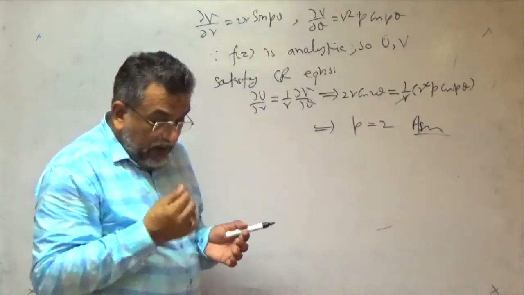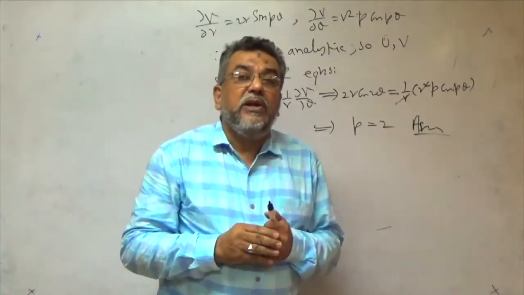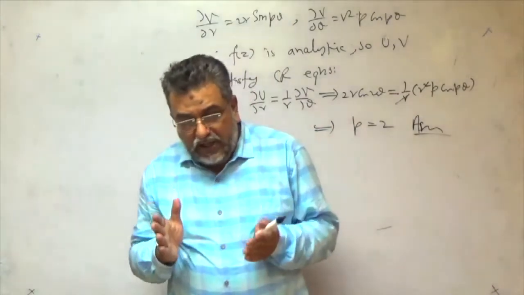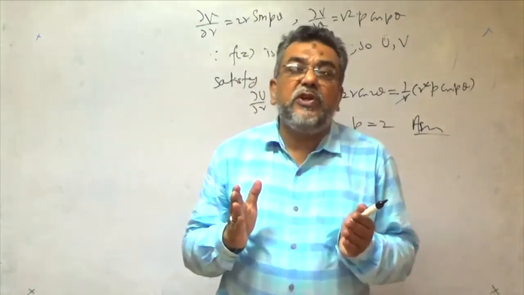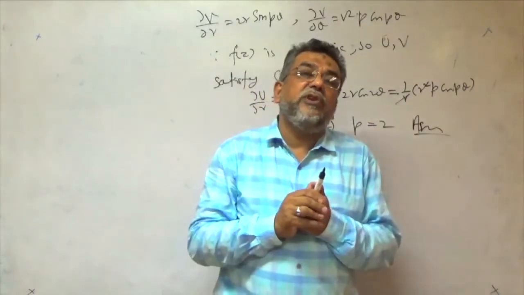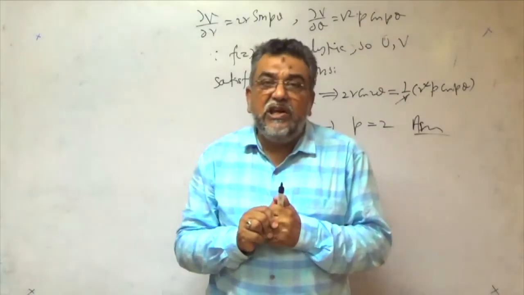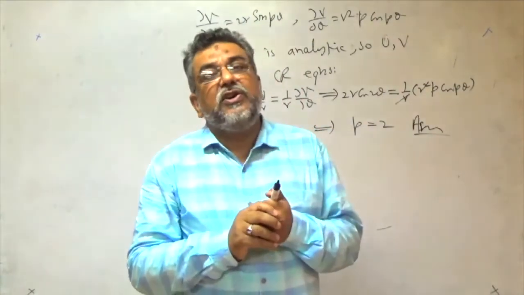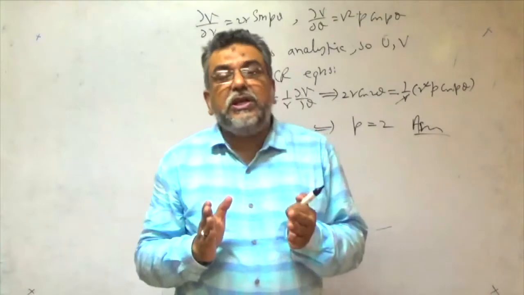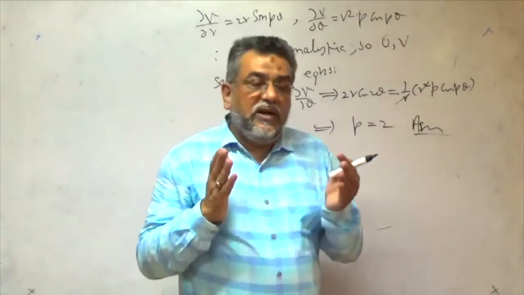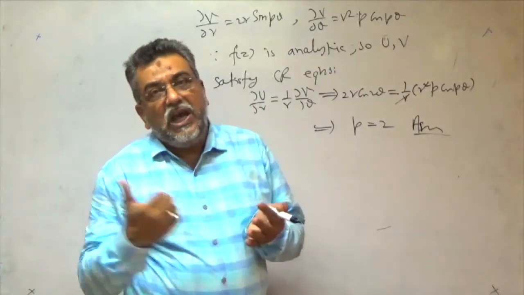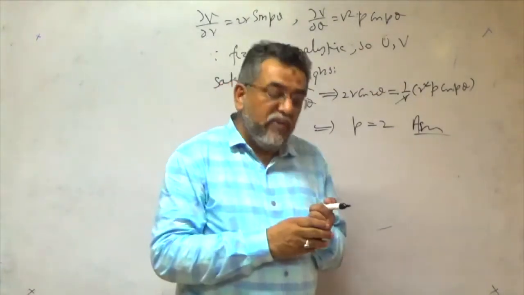And now here I am taking the last example, because in the introductory lecture I told you what is the limit of a complex function, what is the continuity of a complex function, and what is the differentiability of a complex function, and in each case we see that the function is of two variables. So the method to check differentiability, continuity, and existence of limit is slightly changed compared to a function of a single variable.